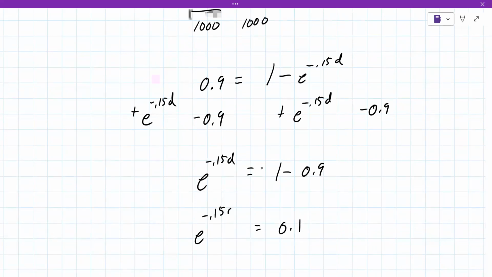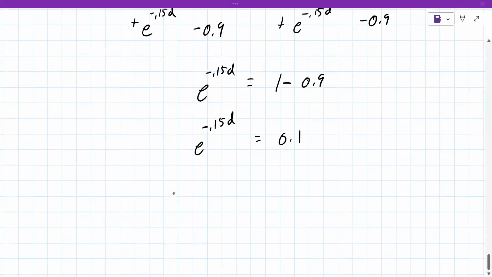And then from an earlier problem, how do we undo e? How do we get rid of e? We did that in 11G, for example. You take the natural log. Exactly, natural log of both sides.